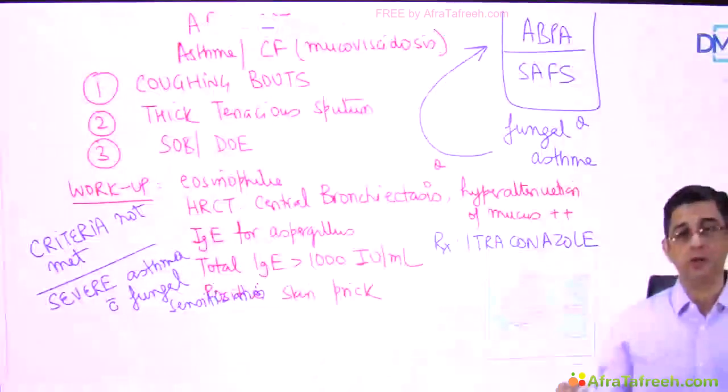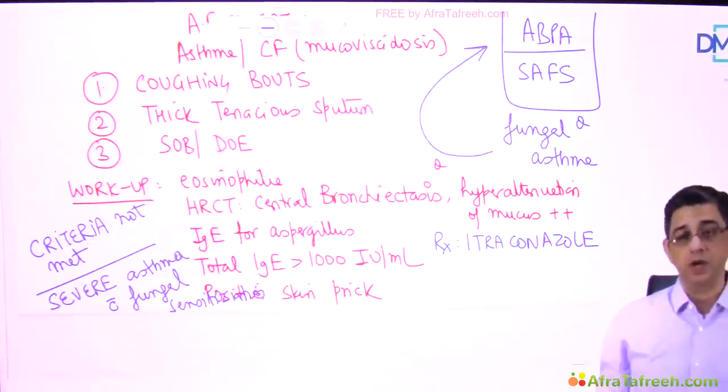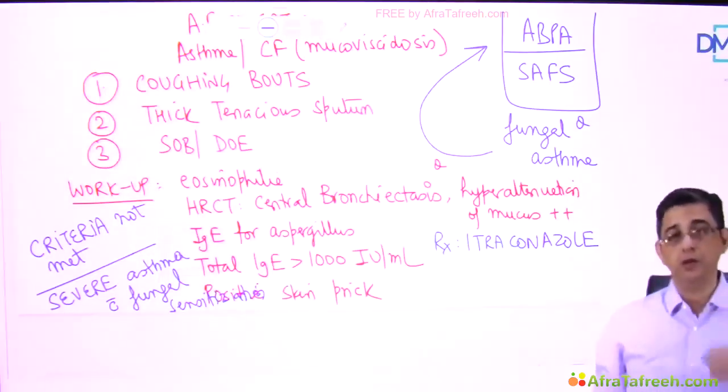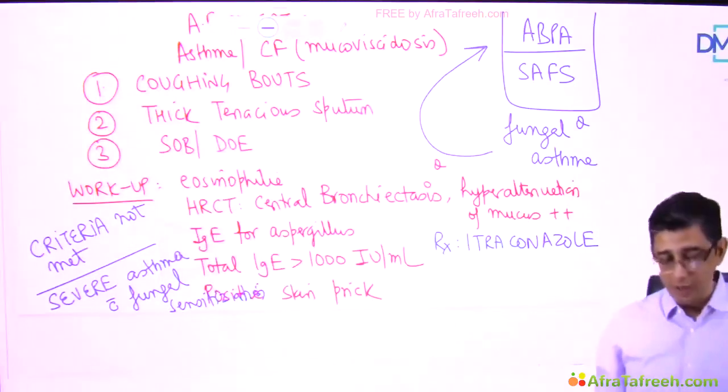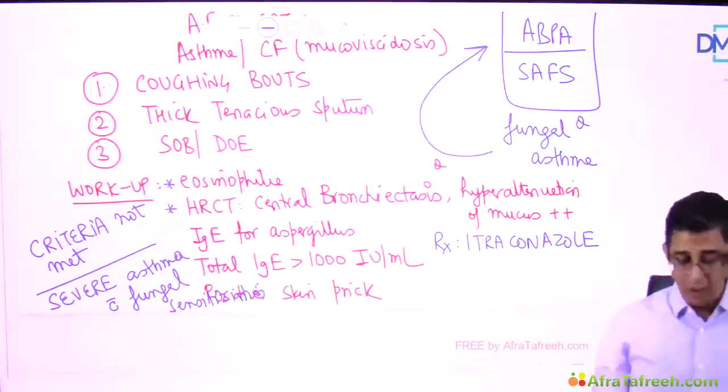An asthmatic or a cystic fibrosis patient presents to you with what looks like an asthma exacerbation. In asthma exacerbation, you have difficulty in breathing. Here also he has difficulty in breathing, and he's coughing on a regular basis. But you notice that he has the following features: especially central bronchiectasis and a markedly increased eosinophil count.